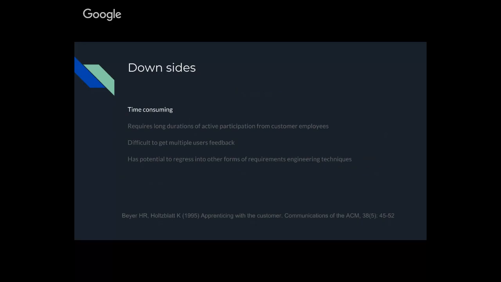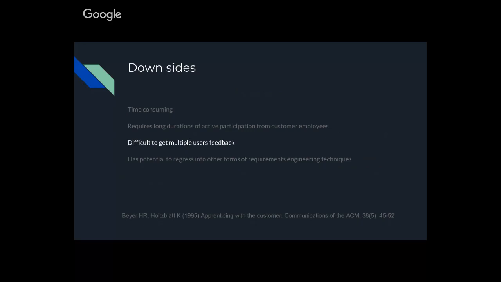Some of the downsides are it is time consuming. It's not very quick. It's not easy. It takes time for the analyst to learn. It requires long periods of the customer's employees' time. This is probably going to take some sort of daily experience over a period of time. And it can be difficult to get multiple users' feedback.